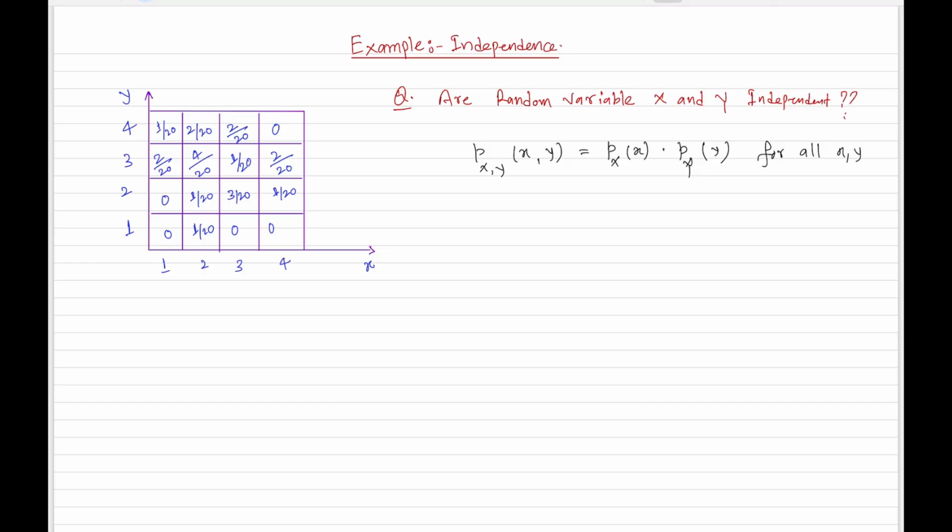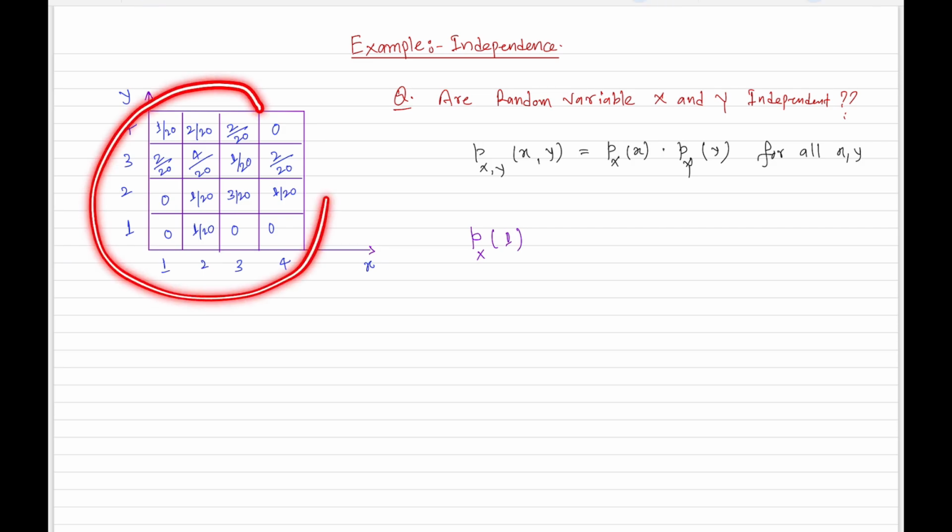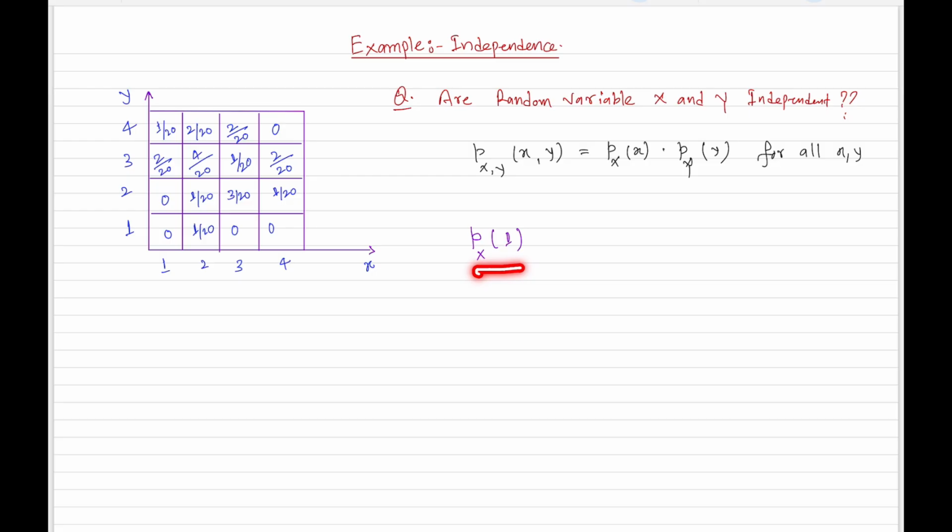The other way is to use the intuitive definition. Let's say we are finding the probability of random variable X when it takes the value 1. We are looking at the complete universe, and we are trying to find the marginal PMF of random variable X from this table.